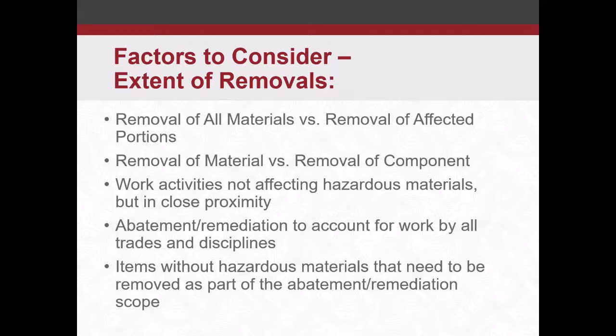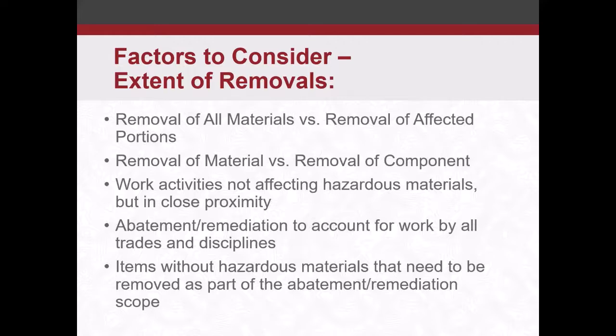And then items without hazardous materials that need to be removed as part of the abatement remediation scope. We talked a little earlier, so like a flooring situation, you may remove cabinets and all that. The abatement contractor would have to remove those materials. Or you might have that asbestos pipe insulation in a wall behind a gypsum board wall that doesn't have any hazardous materials.